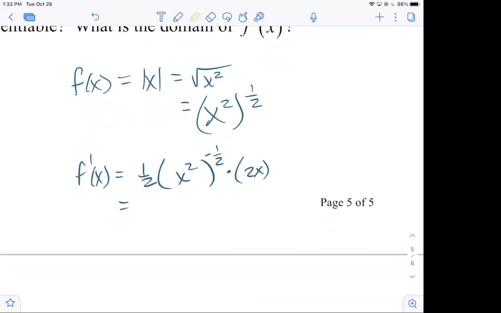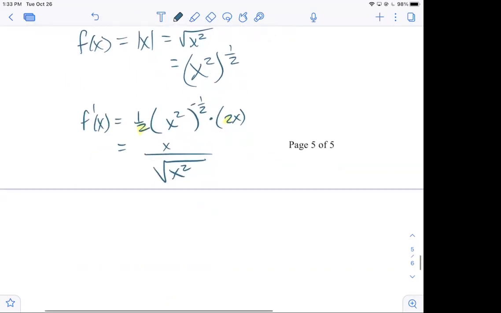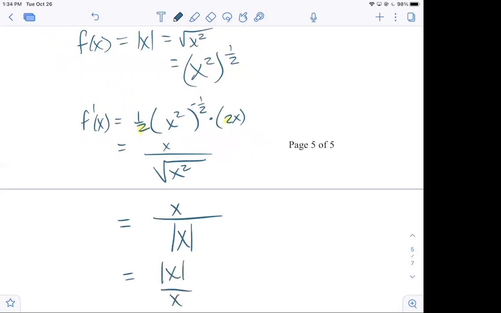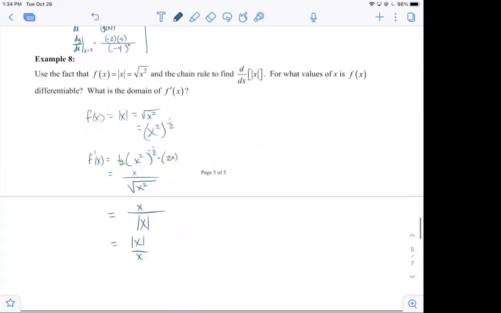If we clean that up, the 2 and the 1/2 divide out. We're left with x over the square root of x squared again. And what's another name for the square root of x squared? The absolute value of x, which happens to be the same as the absolute value of x over x. So it turns out that the derivative of the absolute value of x is the sign function.